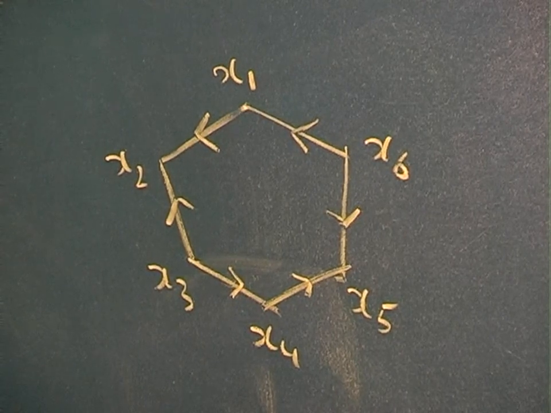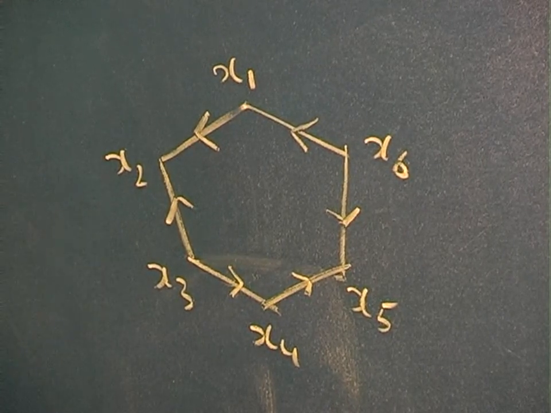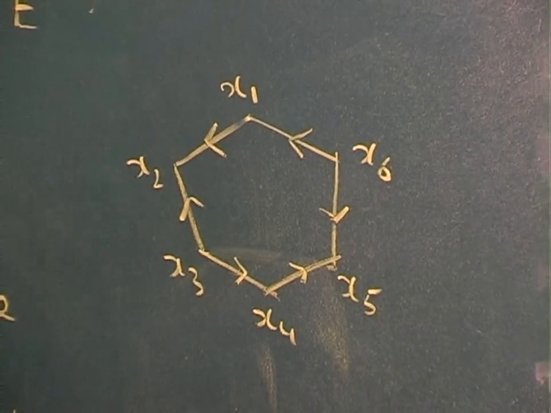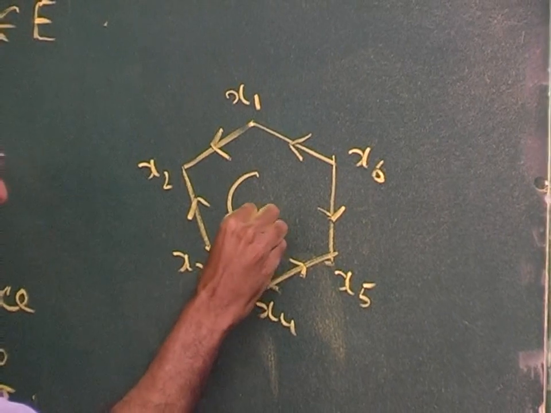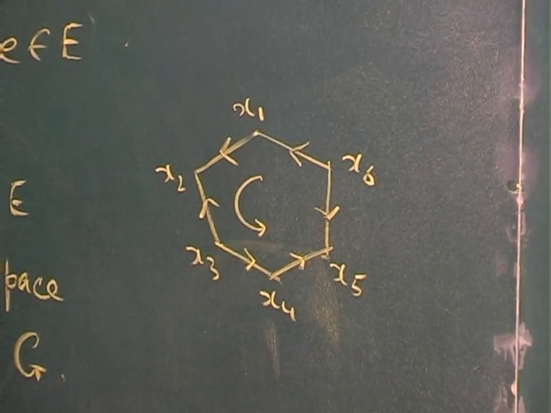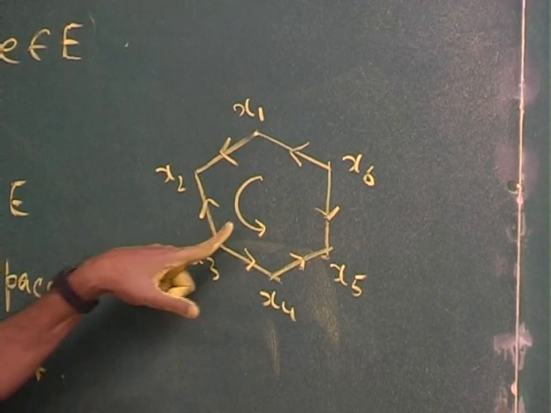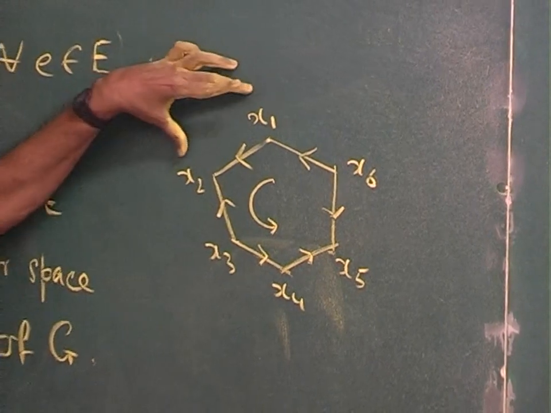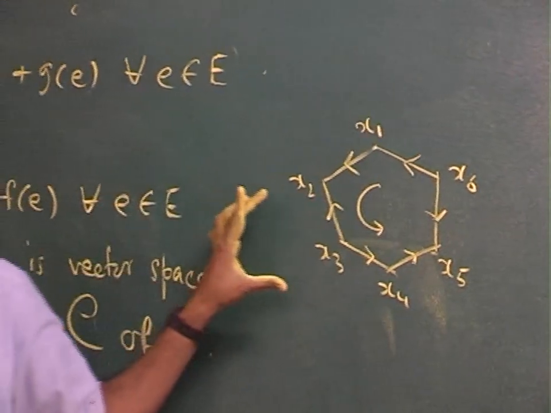What I want to do is, based on this cycle, define a circulation. What do I do then? I put a direction. This is the anti-clockwise direction, counterclockwise direction. Some of these edges agree with this direction, some of them disagree. For example, x1, x2 agrees, but x2, x3 does not agree.